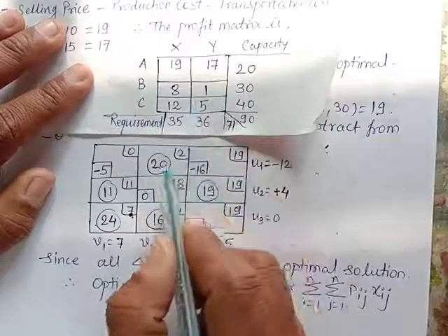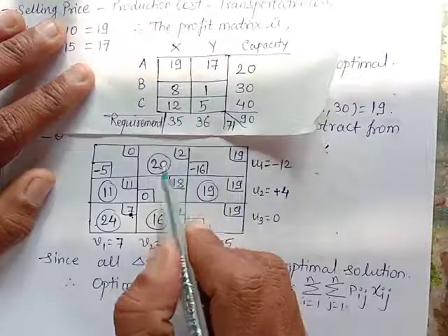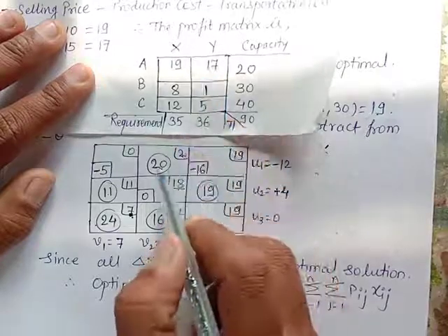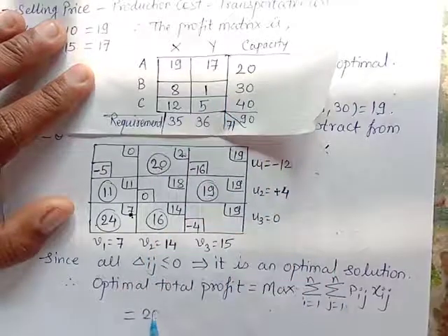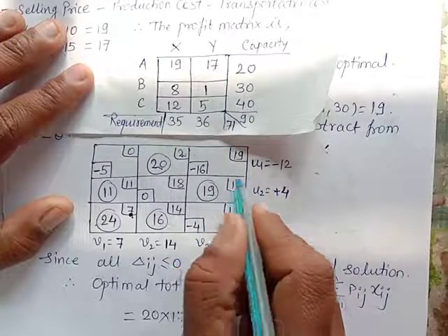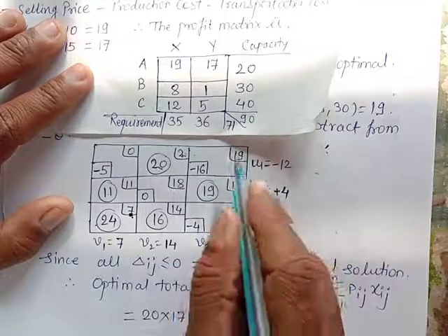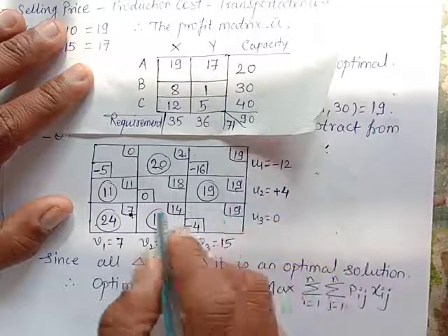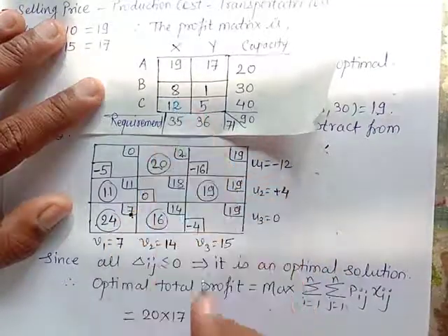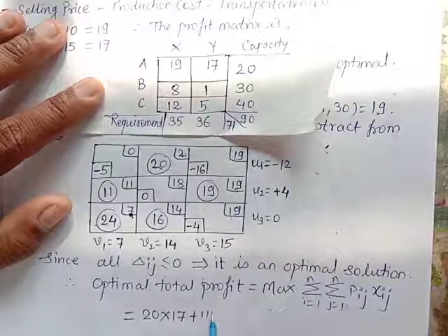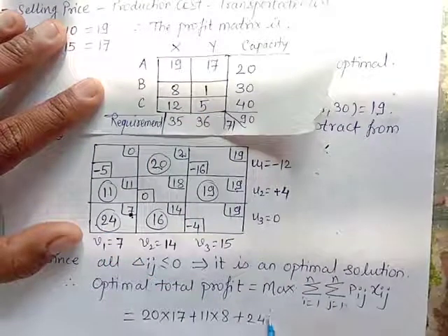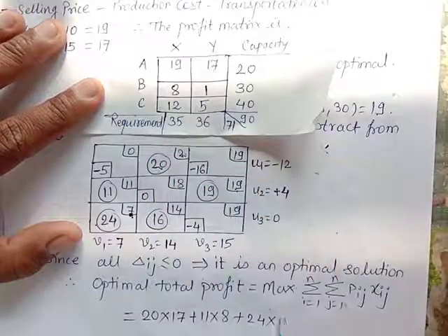At 1,2 we know the profit is 17. So I must write 20 into 17. Here this is dummy, so the profits are 0. So here it will be 0. What about this? Here the profit is 8. So plus 11 into 8. Plus 24 into this 12.